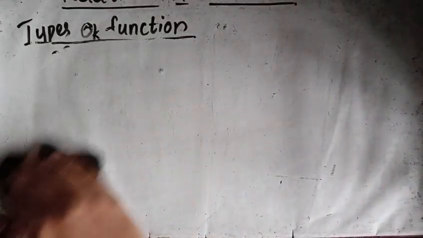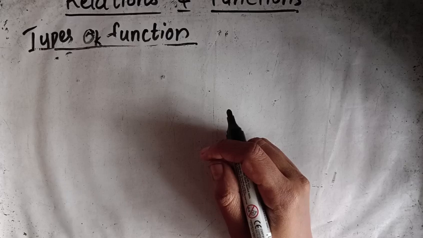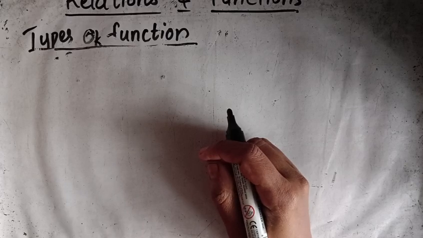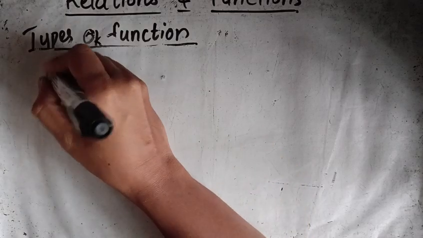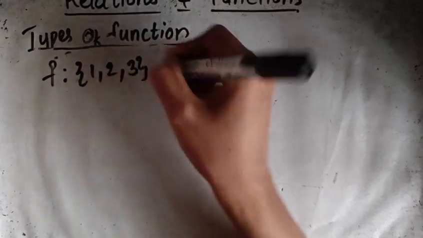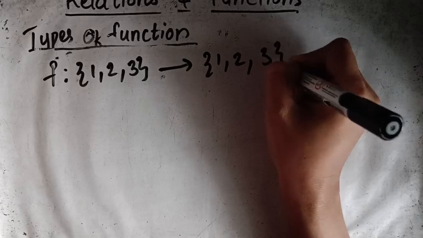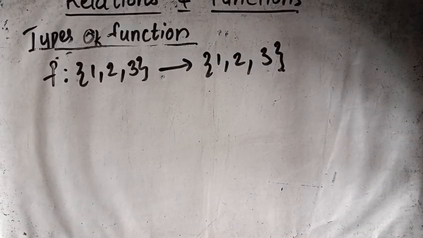Okay. Next is, show that an onto function f from {1, 2, 3} to {1, 2, 3} is always one-one. Okay, it is always one-one. So they have taken the contradiction method here.